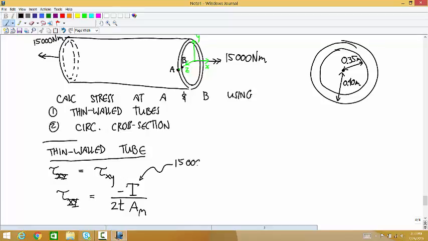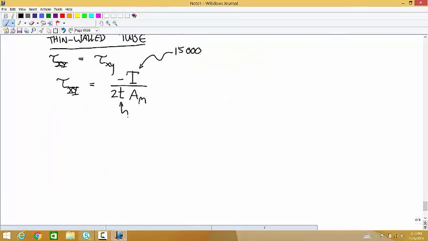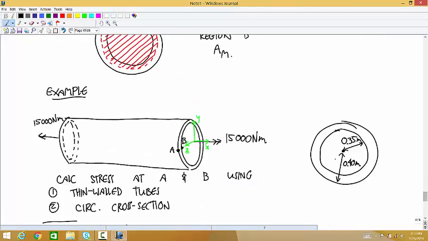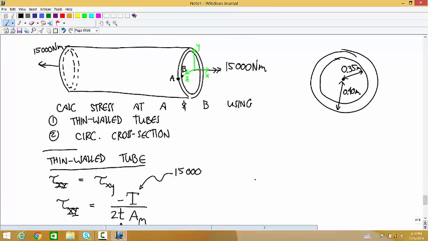But if you ever get confused about that, just go through the internal loads calculation. It doesn't take much longer. What's the thickness of the wall? 0.05. And then the area of the median: our median radius is 0.375.